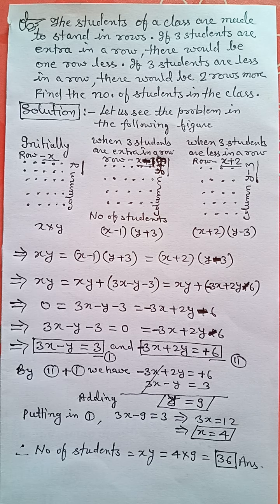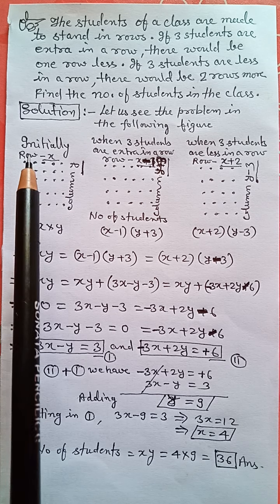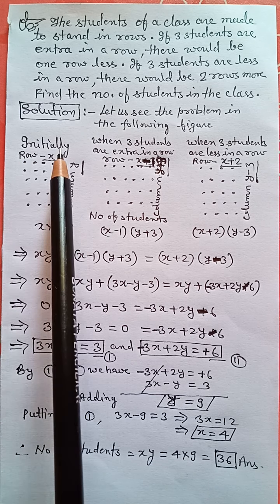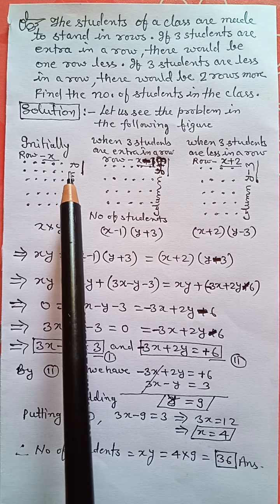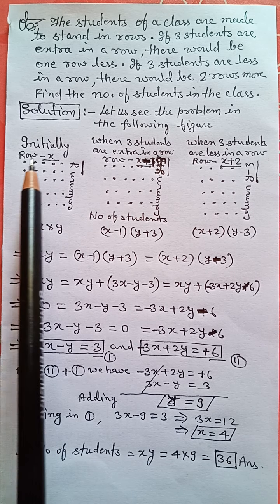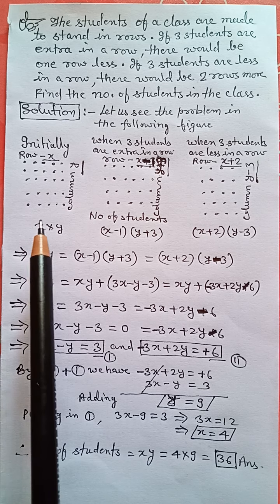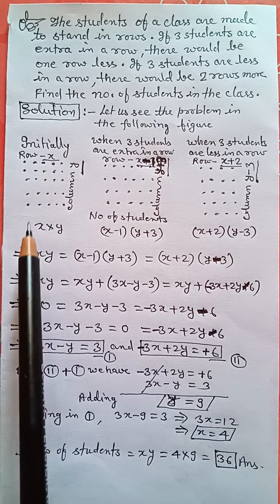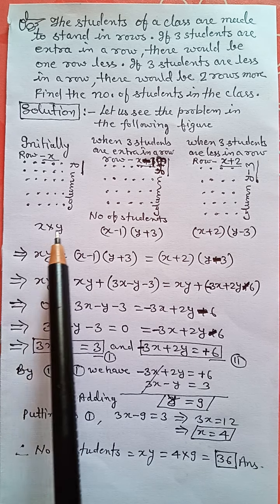So, let us suppose initially the number of columns is y and rows is x. Therefore, the number of students in the class is equal to x multiplied by y.